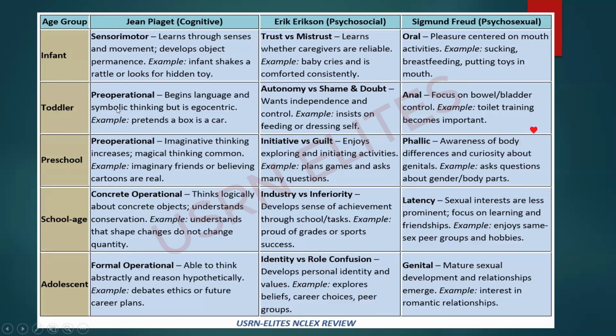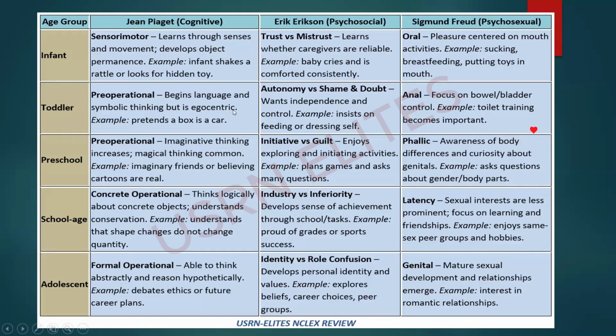They don't easily trust people until they know whom to trust. So an example is a baby cries and is comforted consistently. When someone whom the baby has not recognized picks him or her up, you see him or her crying. Right.